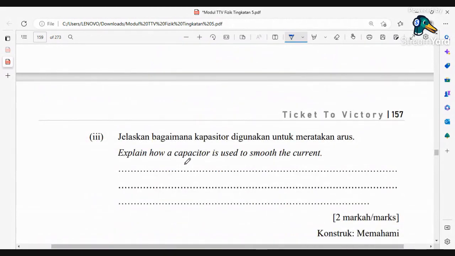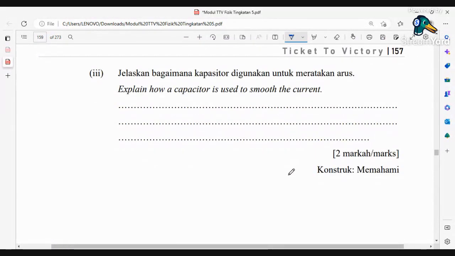I explain how a capacitor is used to smooth the current. When current flows, the capacitor will collect charge at its plates, and then when the current starts to drop or reverse direction, it will discharge.